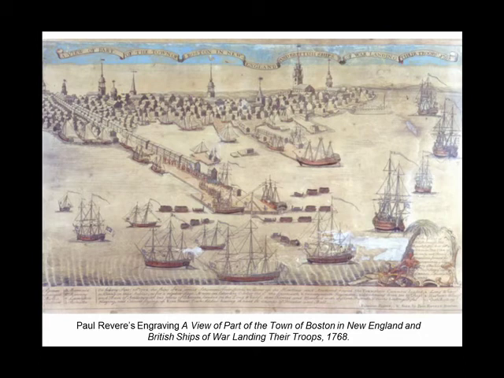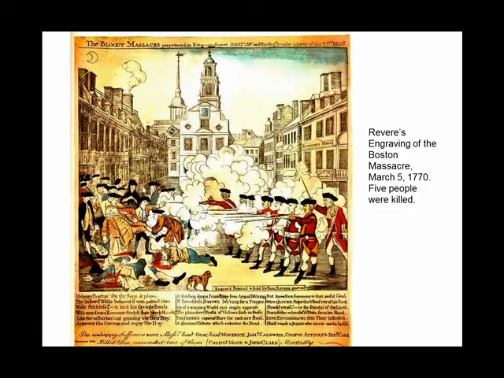But Americans do. Americans object to that. There are all sorts of complaints about it. There are all sorts of complaints about British oppression. Here are some troops landing in Boston in 1768. And in March of 1770 is the Boston Massacre.